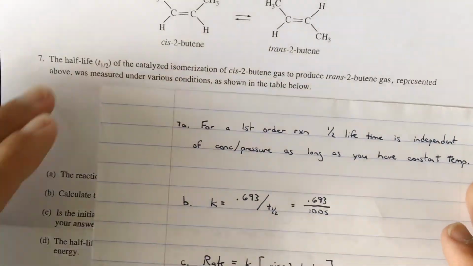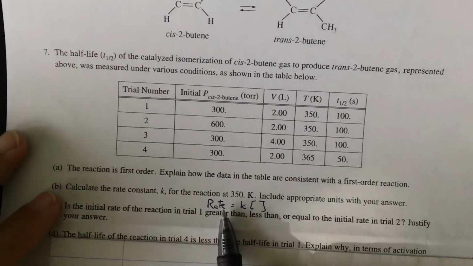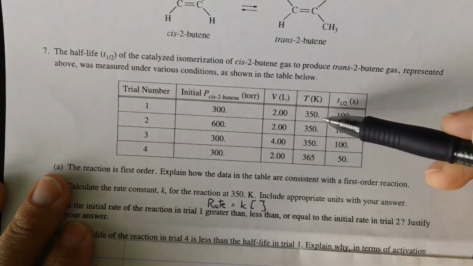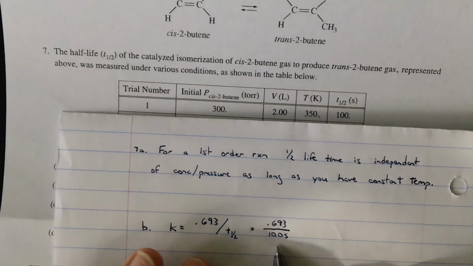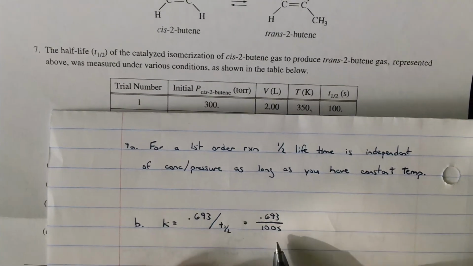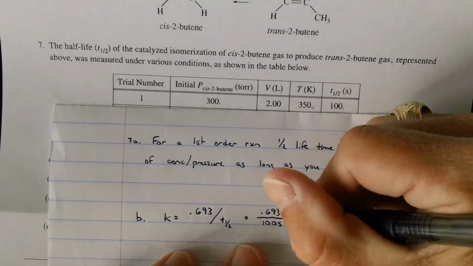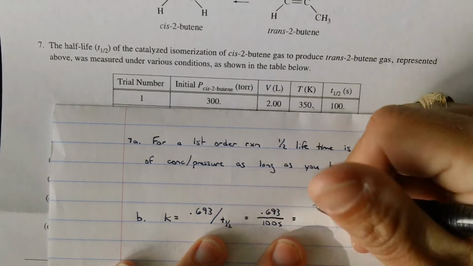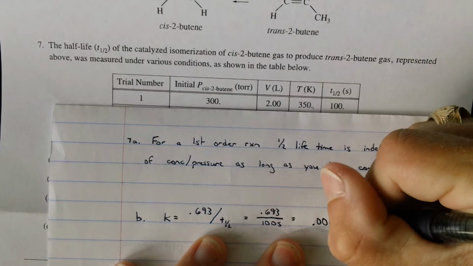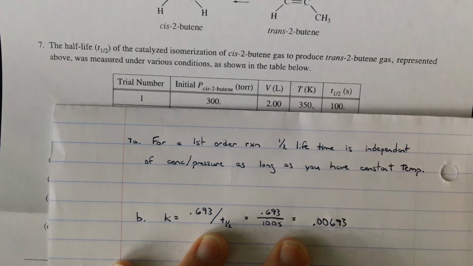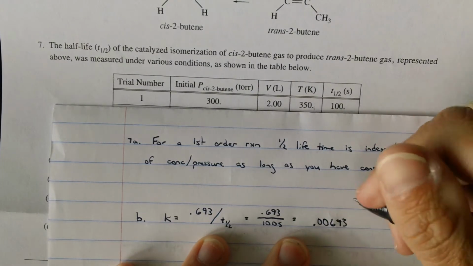We know the half-life time for the reaction at 350 Kelvin. At 350 Kelvin, the half-life is always 100. Easy does it. 0.693 divided by 100 seconds gives us a k value of 0.00693, or 6.93 times 10 to the negative third.